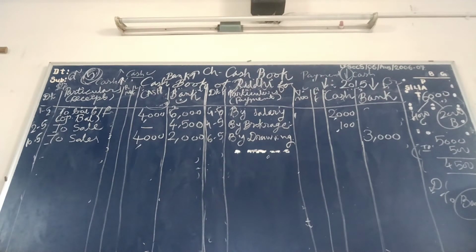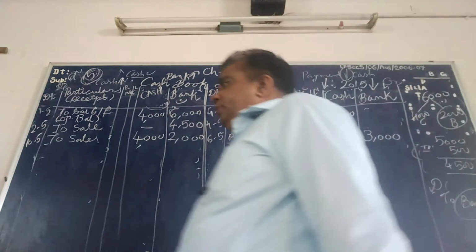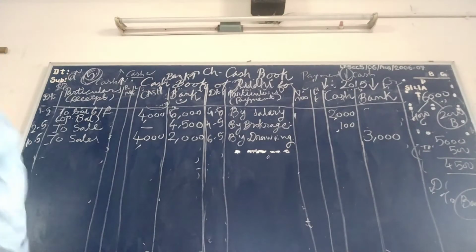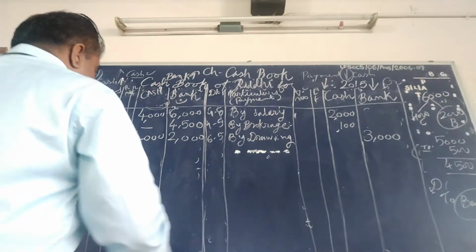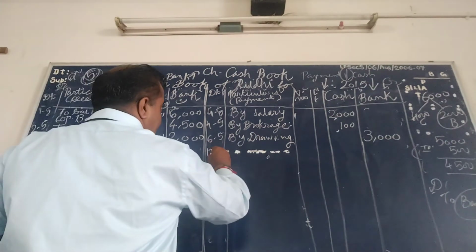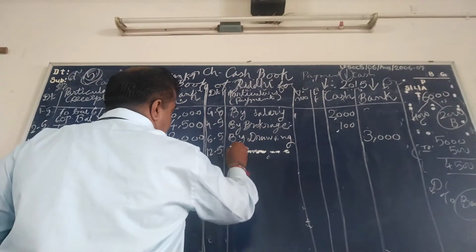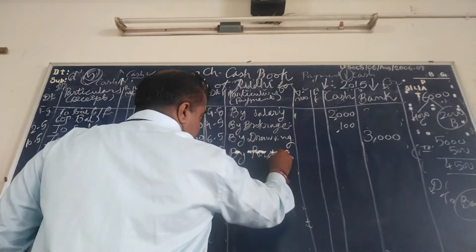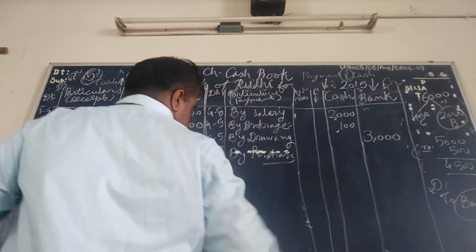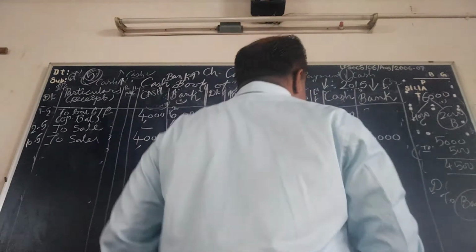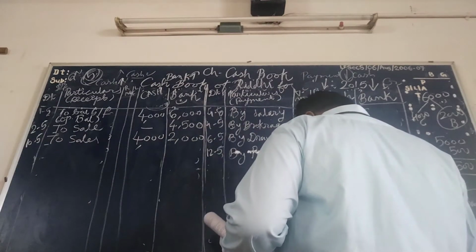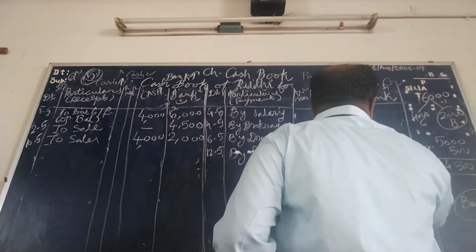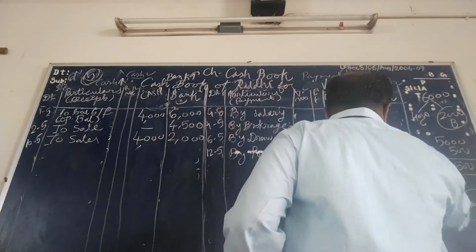So the journal entry will be passed as purchase to bank. So we paid for the purchase, so we write here purchase, 12th of May, by purchase 5,000, and we give the check, so we write it in the bank column.